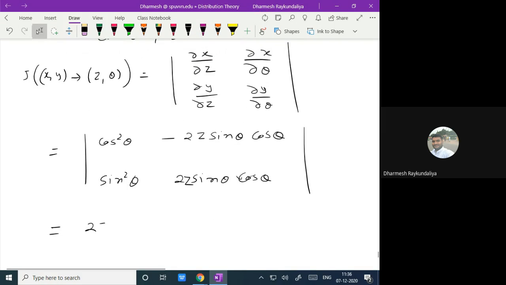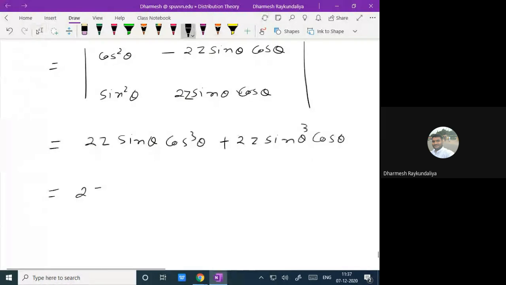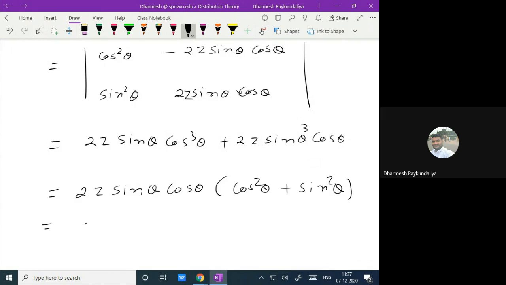You will get 2z sin theta cos cube theta plus 2z sin cube theta cos theta. So just take the common 2z sin theta cos theta. You will get cos square theta plus sin square theta, and cos square theta plus sin square theta is 1, so it is 2z sin theta cos theta. So Jacobian is this.